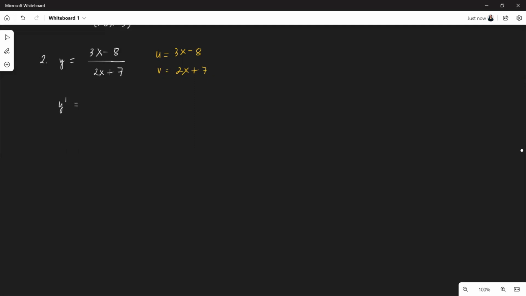So write the v first, or the denominator, multiply it with the derivative of the numerator, or the u, and then it's always subtraction. You copy the numerator and multiply it with the derivative of the denominator.